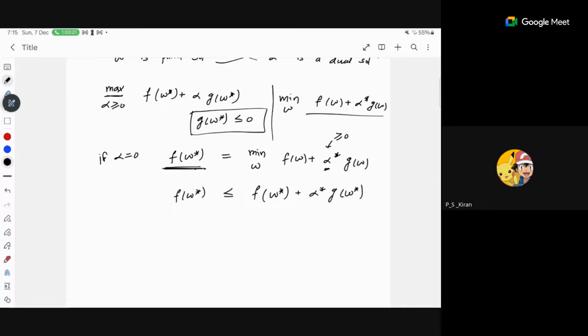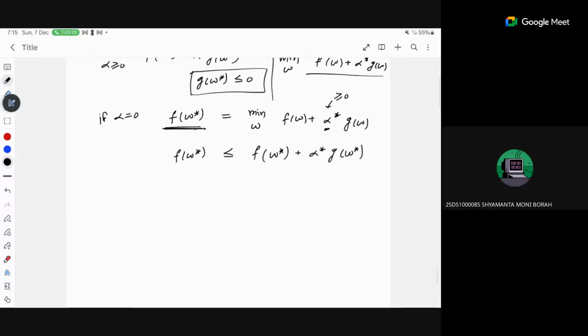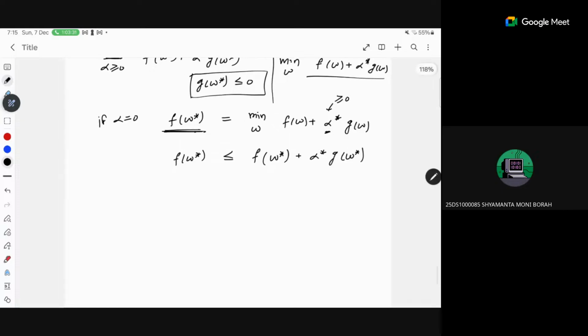Fine. Okay. Now what will happen to this? Can this quantity get cancelled? Equal to 0. 0 is less than or equal to alpha star G of W star. Is that okay?